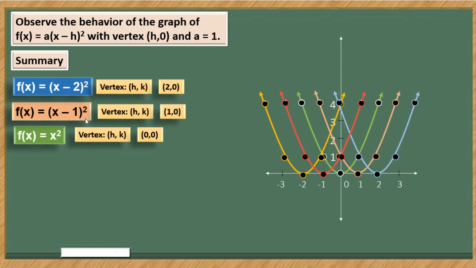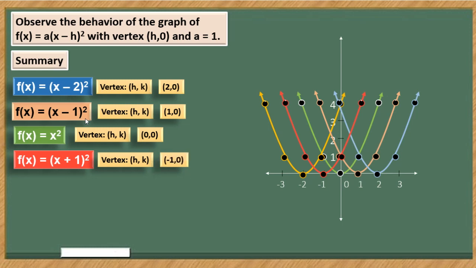Let's look at how the graph behaves. The graph is translated 2 units to the right. In our third example, we have the vertex at the point with coordinates negative 1 and 0, and the graph is translated 1 unit to the left.